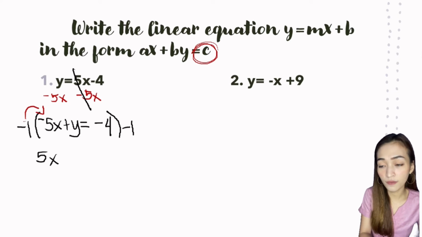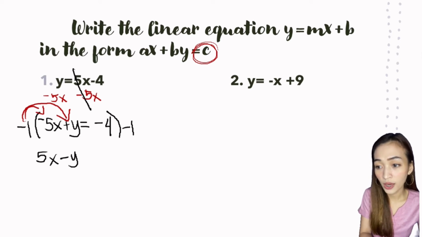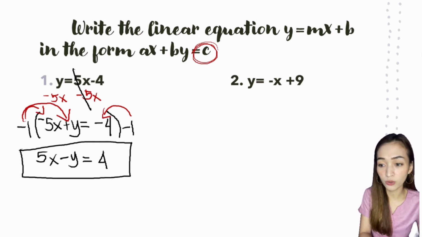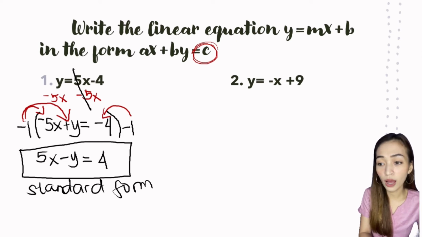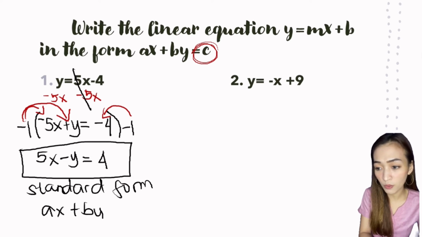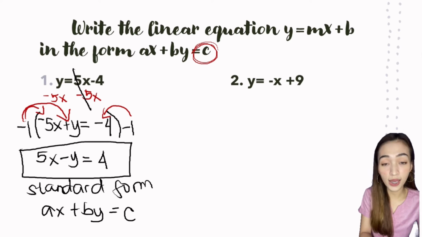Next, negative 1 times y is negative y, equals negative 1 times negative 4 is positive 4. So, this would be our equation. This is what we call the standard form. Okay? So, now this is in the form of ax plus by equals c.